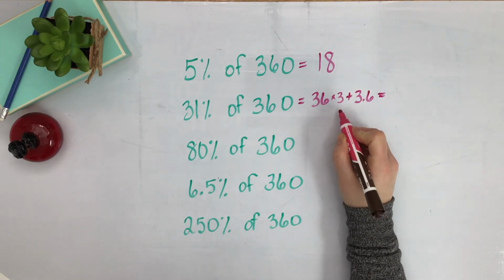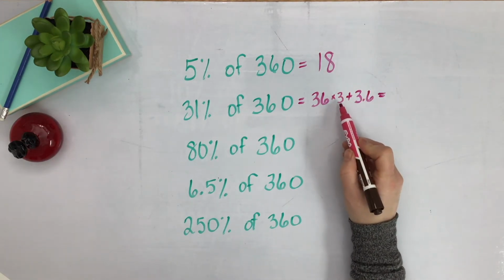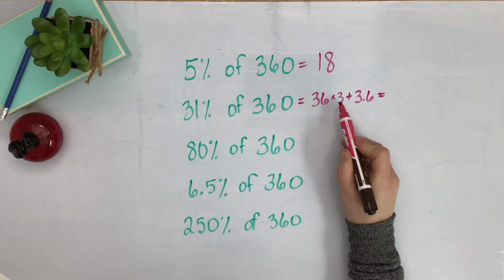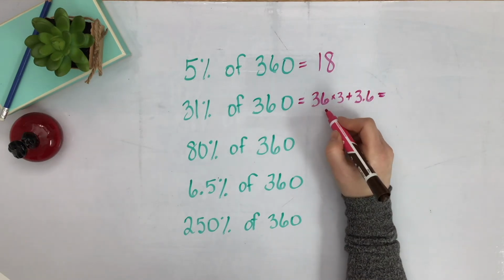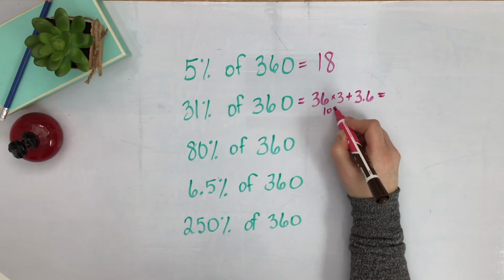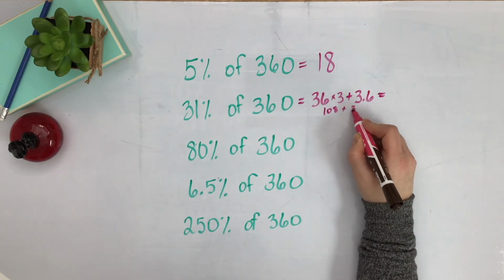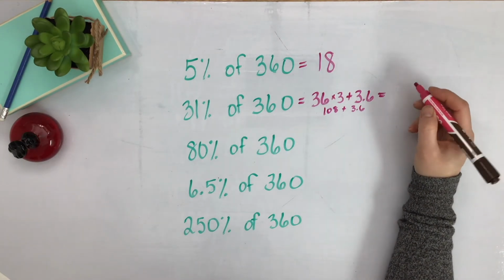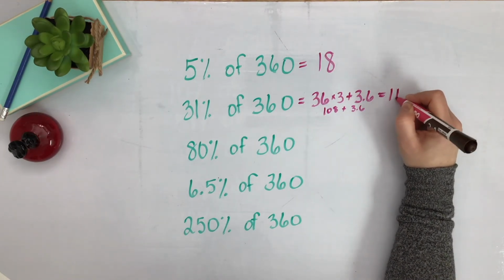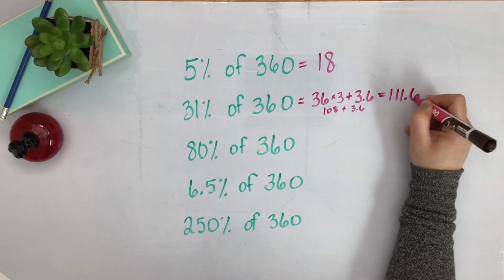So 36 times 3, do some mental math here. 3 times 30 is 90. 3 times 6 is 18. 18 plus 90 is 108. So I have 108 plus 3 6/10, which is going to give me a total of 111 6/10.